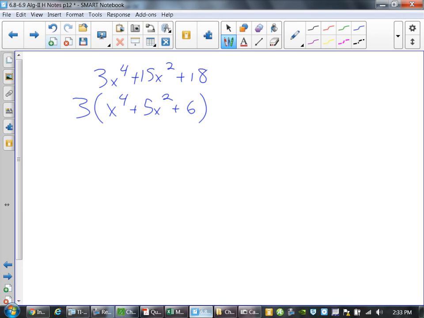This is when you treat it like a regular trinomial. What times what is 6, and you add together to get 5? So you wind up with x squared plus 2, x squared plus 3. Can I factor that any further? No. And I'm done.